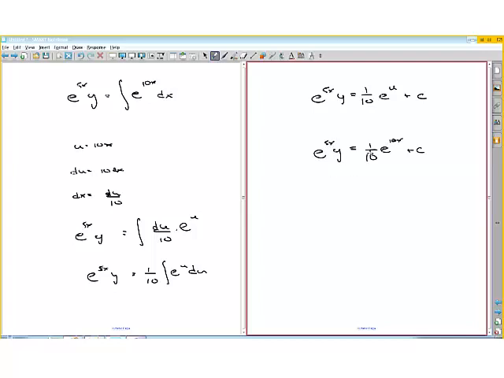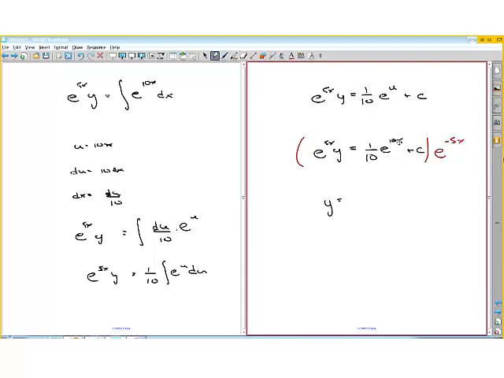Solve for y. So we can multiply this whole thing times e to the minus 5x, because e to the 5x times e to the minus 5x is 1, because you get e to the 0, which is 1, so that'll just leave you with y on the left-hand side.